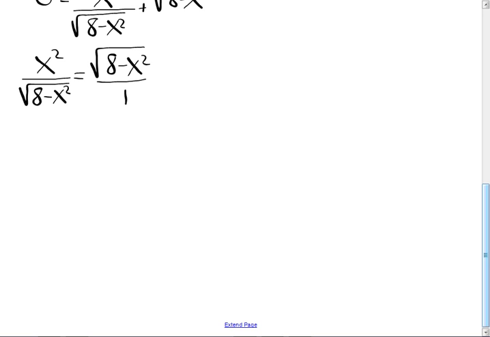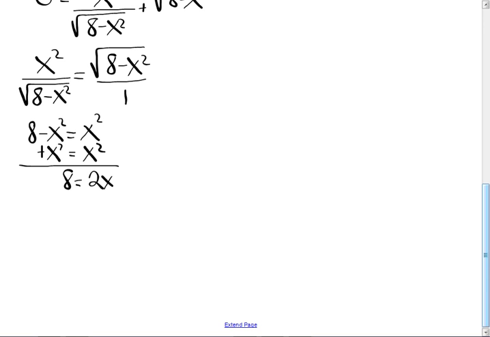What do you get? I get 8 minus x squared equals x squared. So 8 equals, I cross multiplied, 2x squared. So x squared equals 4. What's x equal to?